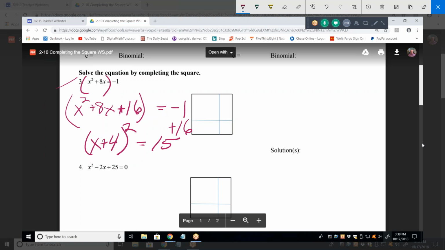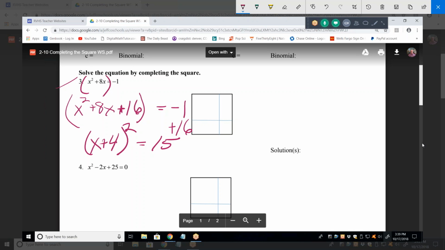See, now you can solve this equation. You don't have to factor it. You can solve it by taking the square root of both sides. So do it step by step. We're going to take the square root of both sides, right?